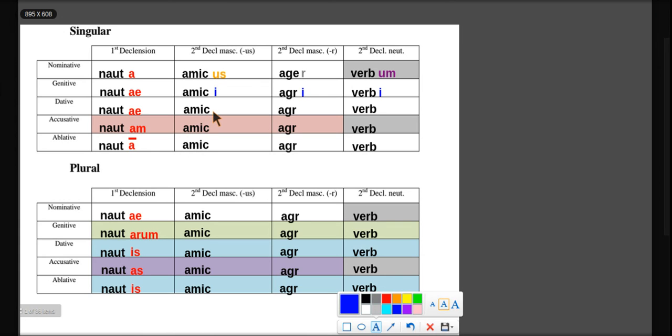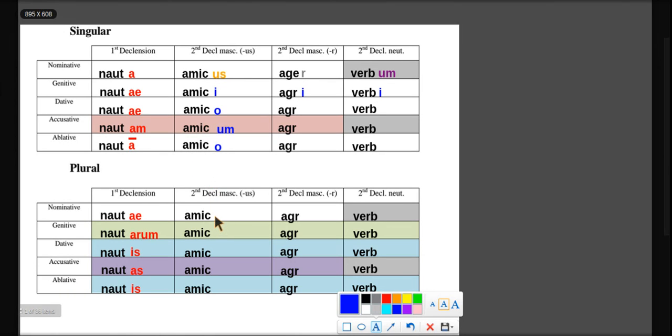It's just a different set of endings for a second declension. So your second declension dative singular ending is o, so you have amico. Your accusative singular masculine second declension ending is um, so you have amicum. And then for your ablative singular, you have an o, so you have amico.